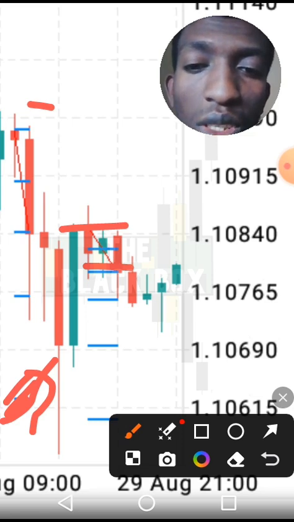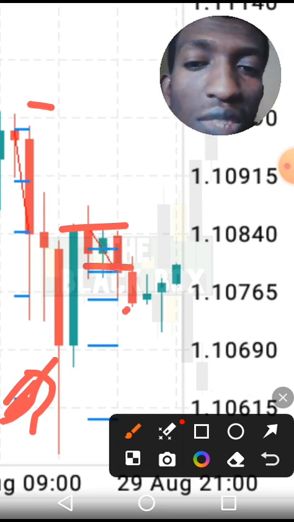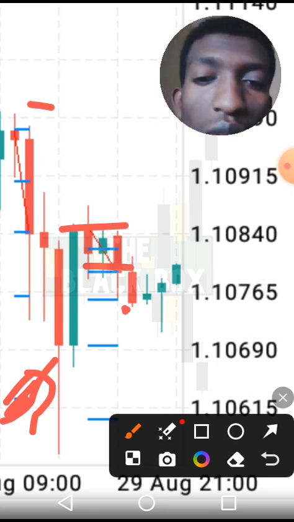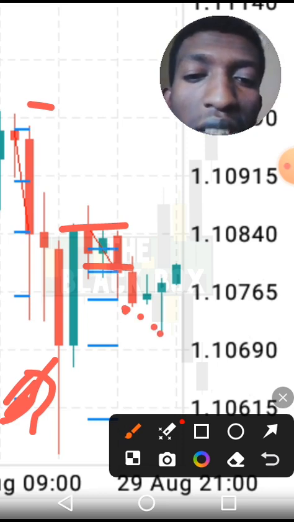So as you can see here, this thing broke, you sell. That is a sale for this one. There's no two candles brown. Okay, this thing broke. That's a sale too.